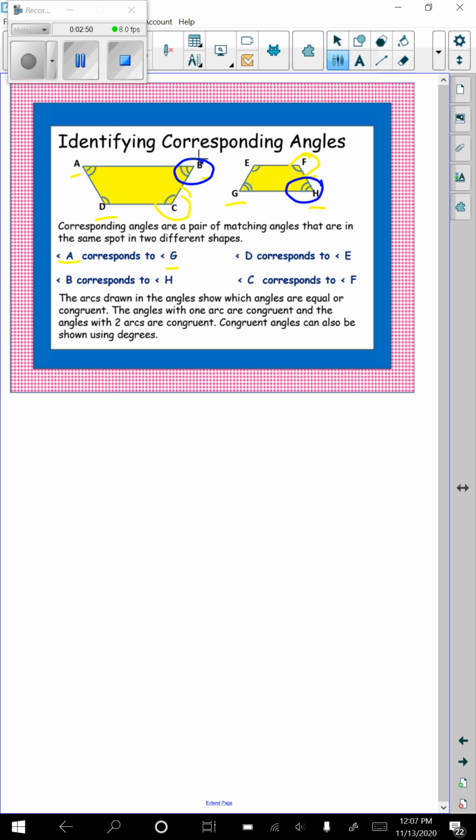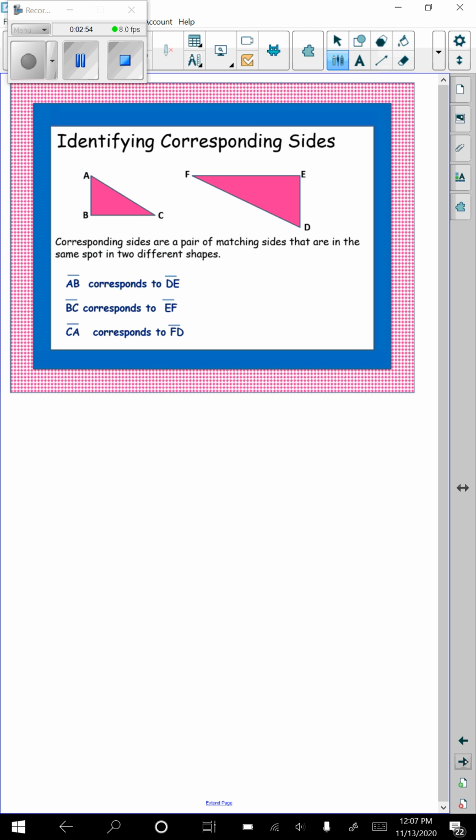Let's go to the next. So we talked about two requirements, right? Not just the angles, but the sides have to be proportionate. So you have to figure out what sides are proportionate to what. And again, these figures are flipped, so be careful. But I have a list at the bottom. So AB corresponds with DE.